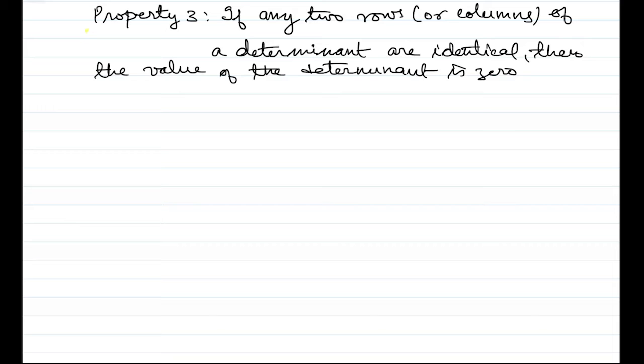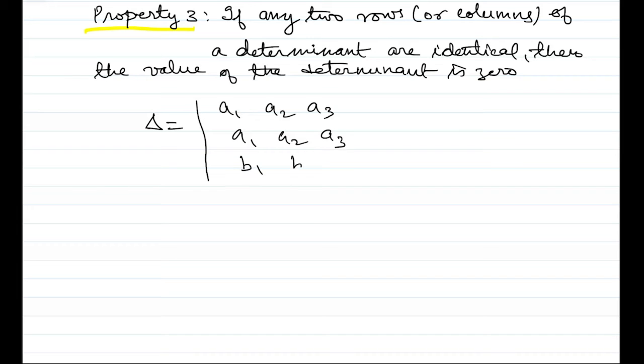Now let us see property number 3. If any two rows or columns of a determinant are identical, then the value of the determinant is 0. Let us see. Let delta be a determinant whose first and second rows are identical: a1 a2 a3, a1 a2 a3, b1 b2 b3.